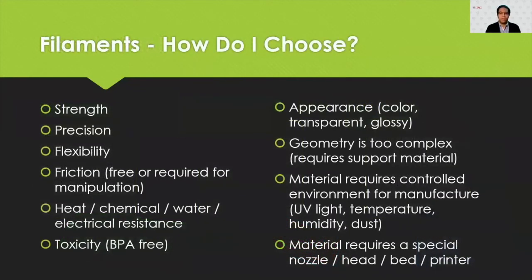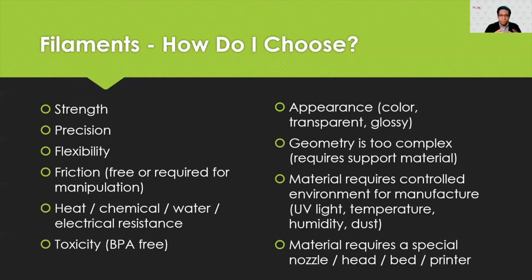How do I choose? Well, that depends on the needs that you have. As we saw in the design process, this is the very first stage and the beginning of our whole design. So things like the strength that you require, the precision, flexibility, if it needs to have high or low friction, if it needs to be resistant to chemicals or water, do we care if the plastic is toxic, like if we're planning to use it to hold food or something like that.